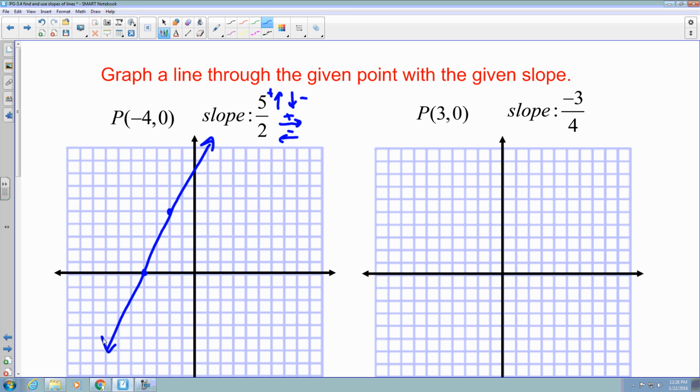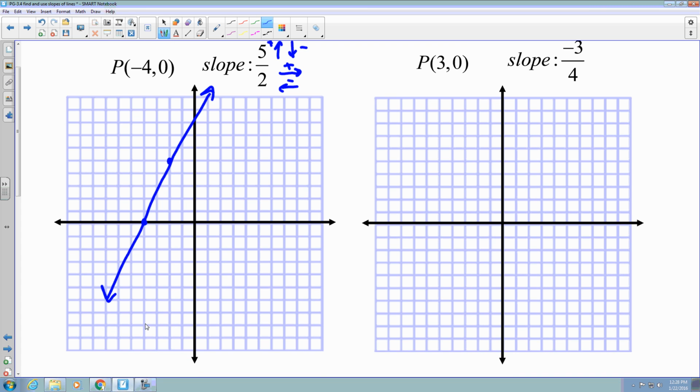Same thing we have to do for the second part. We got 3, 0, and right here, plot that point. Then we look at the slope here, it's -3/4. In the numerator it's negative, so that means we're going to go down 1, 2, 3 units, and then to the right 1, 2, 3, 4 units. And then again, you just connect the points.